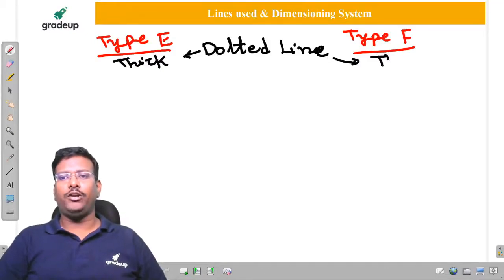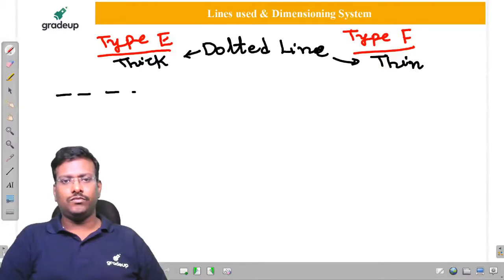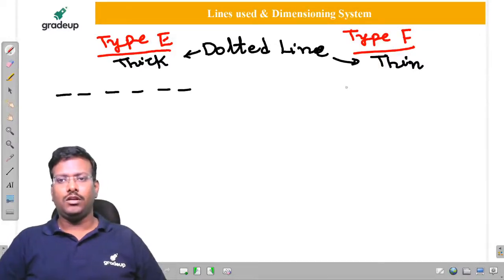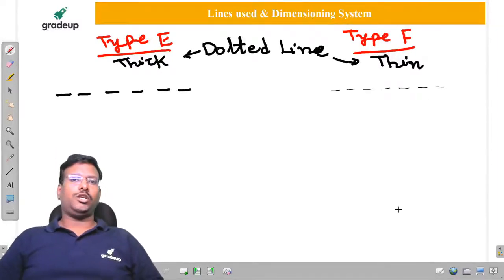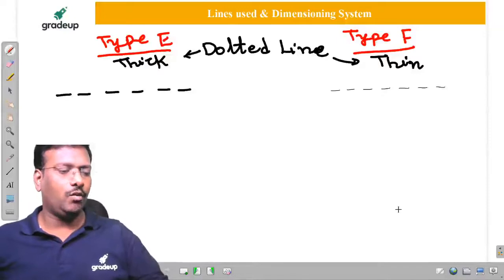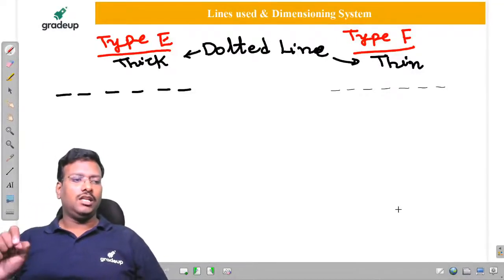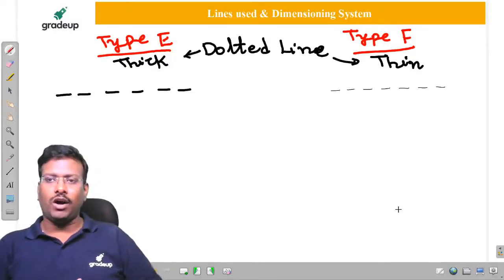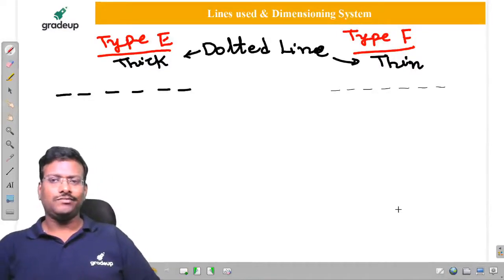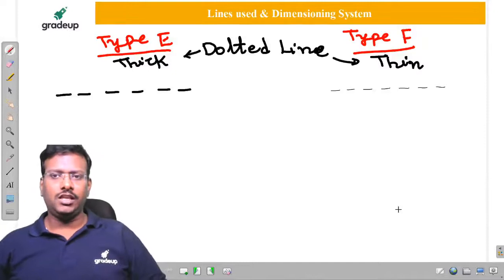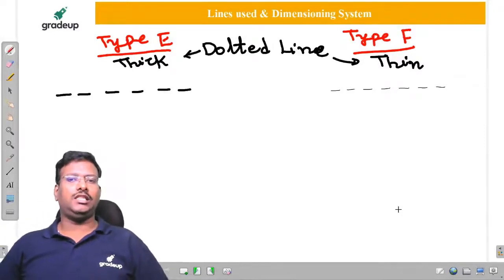And this is going to be thin dotted line. Observe, for your clarity, one I made bold, another one is thin. So you can observe what it is. This is the way to represent thick and thin dotted line.